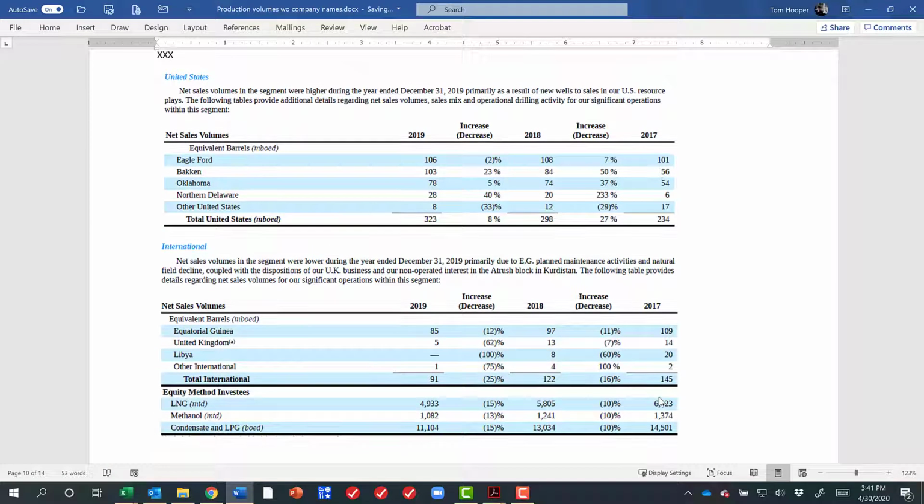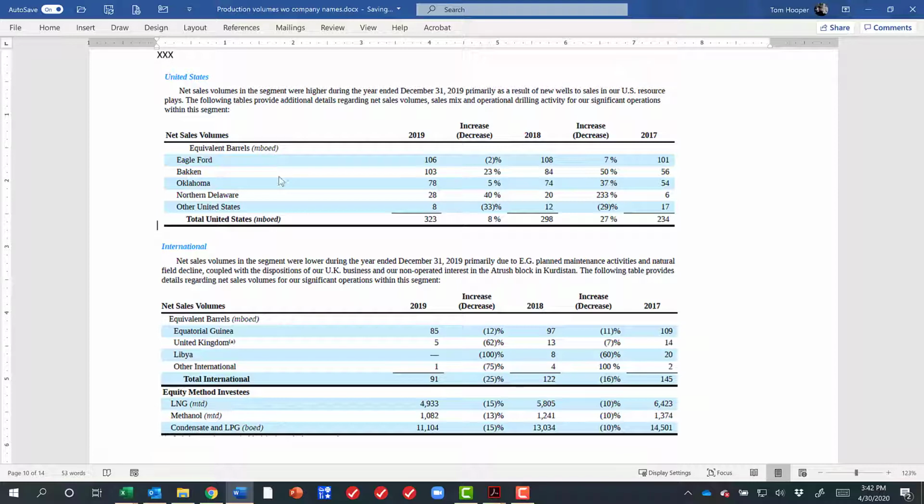I do want to mention this company. They reported United States in one area, and then they reported United States, and as I noticed this, it's all in barrels equivalent.